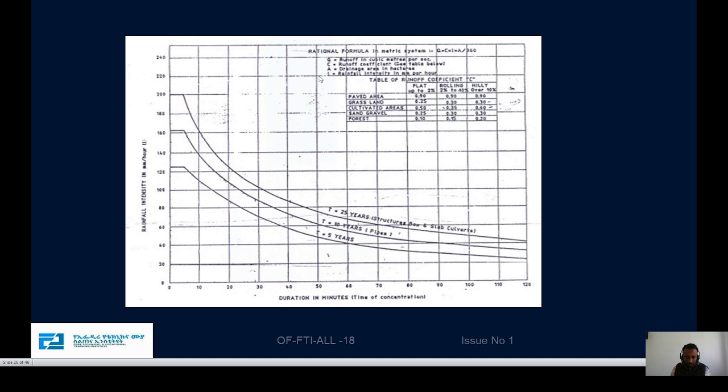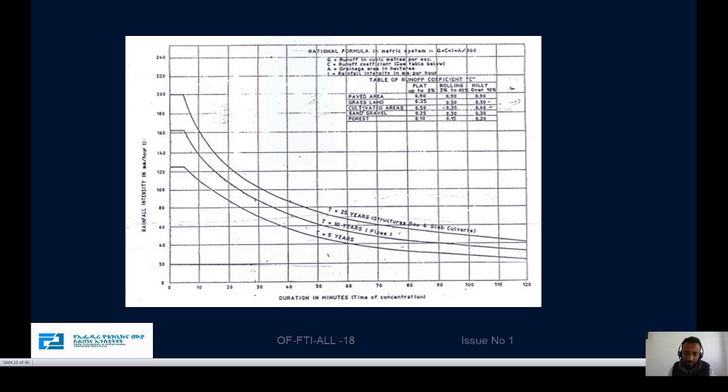And also this one is the runoff coefficient, mostly C. So we get the discharge equal to the runoff coefficient times the intensity times the area over 316. This coefficient of runoff is related to the slopes as well as the type of the area.